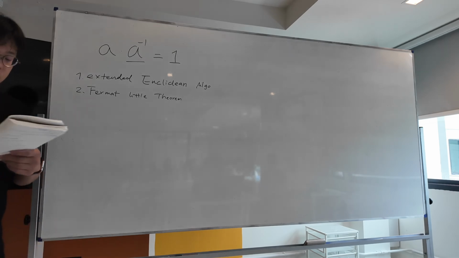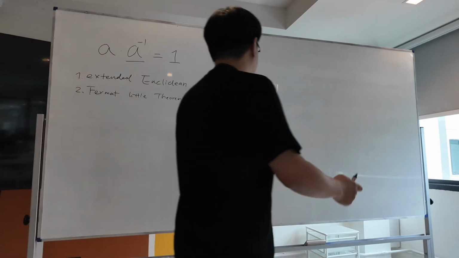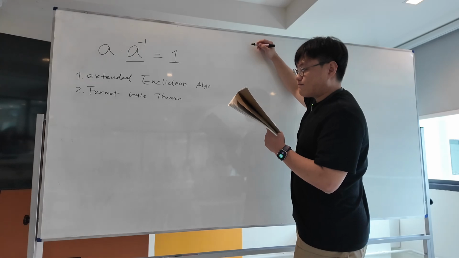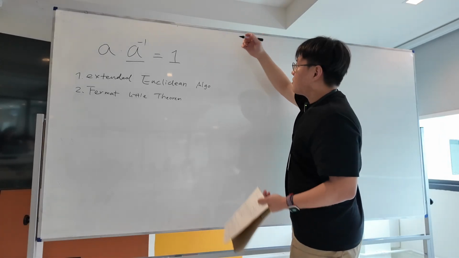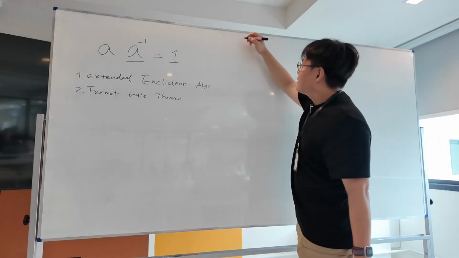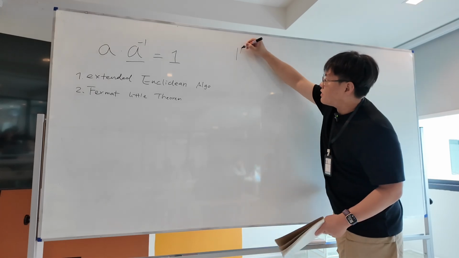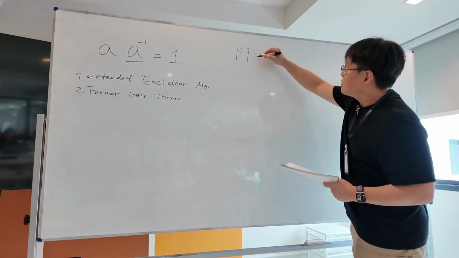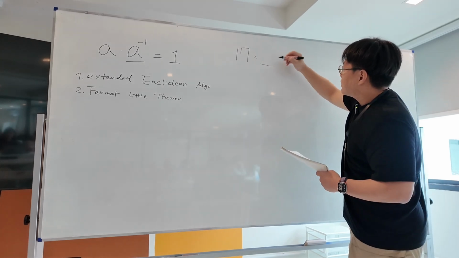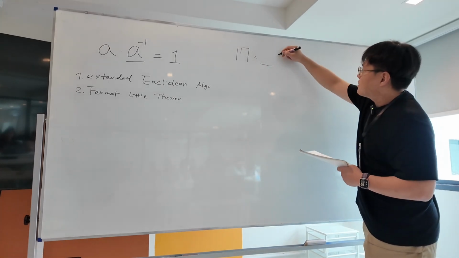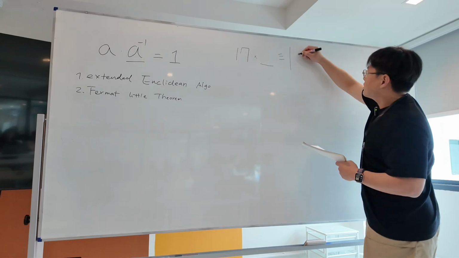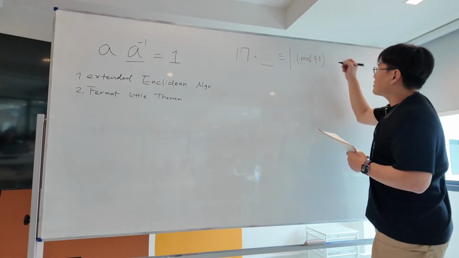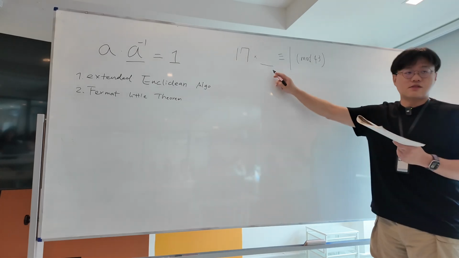So let's talk about a real case. We have the element 17, and we want to get its inverse, mod 43 here. How do we get this?